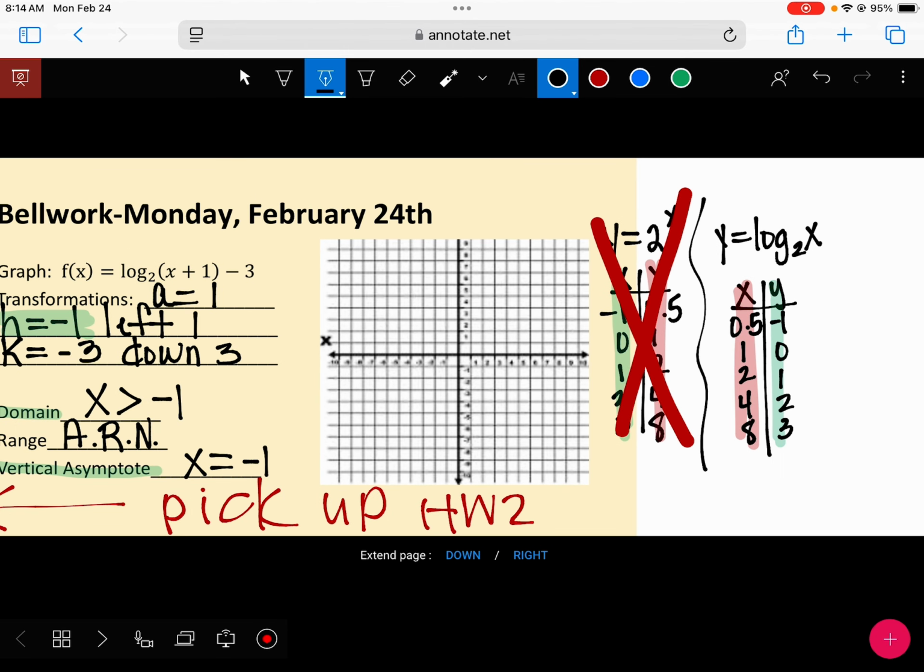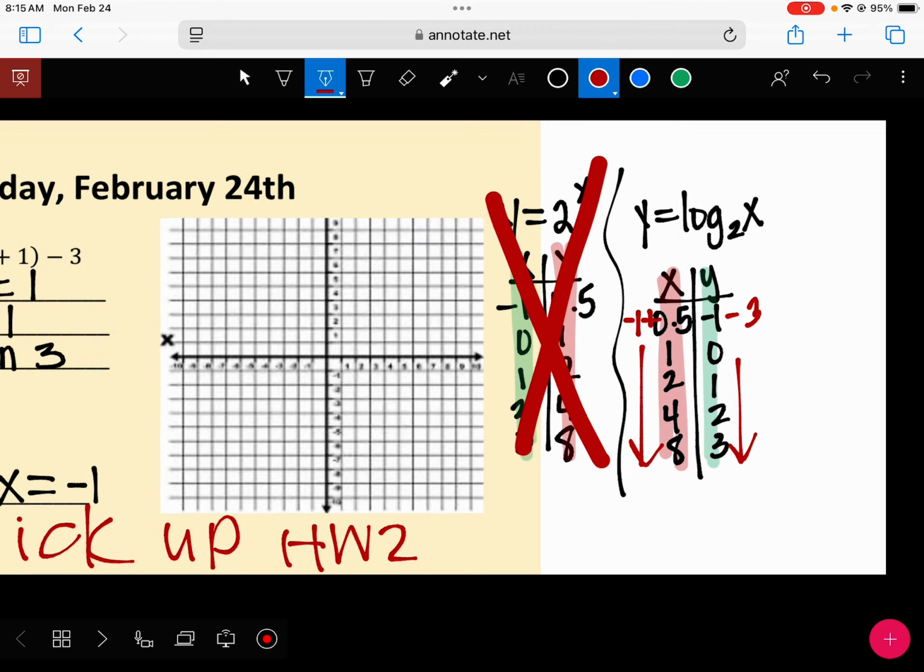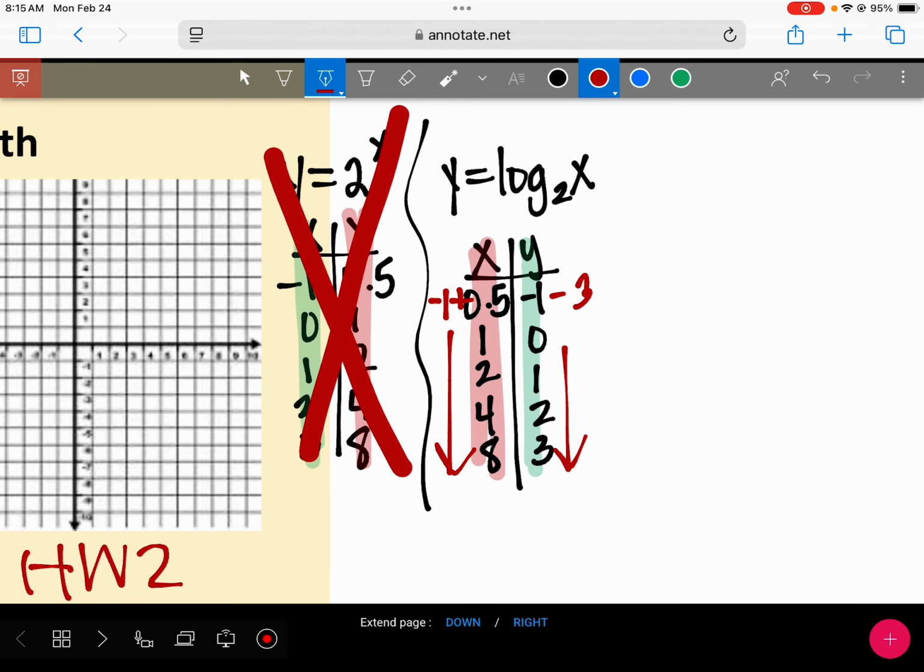We're going to add the -1 to our x values and then subtract 3 from our y values. So I'll give you a minute. Pick up a calculator. If you don't have one, grab one off a desk. So you're adding -1 to all of your x values and subtracting 3 from your y values.